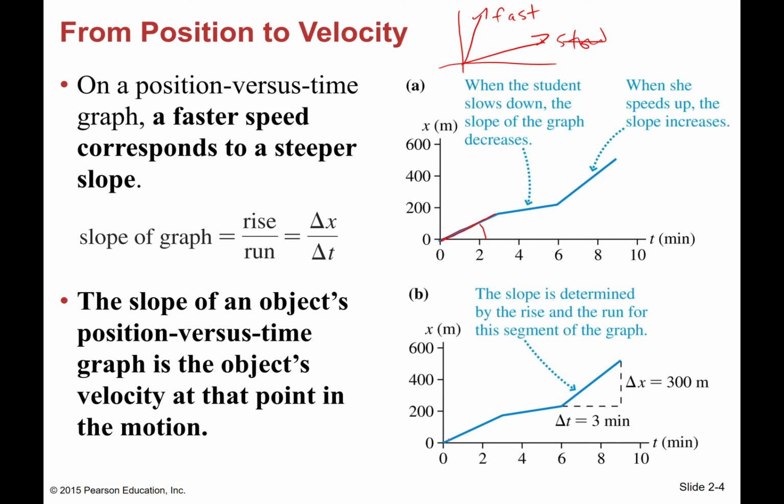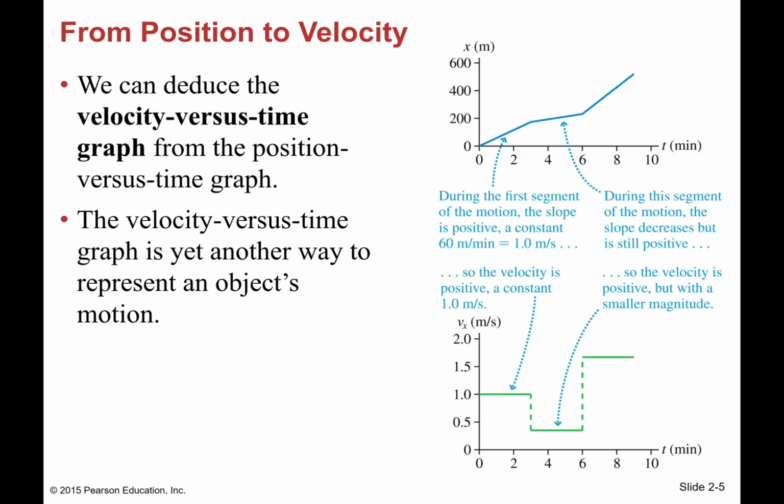For instance, here we can calculate the speed from this point to this point, then the speed from this point to this point, and the speed from this point to this point, simply by measuring at each step the rise over the run. So now what we can do is make a velocity versus time graph from this position versus time graph.